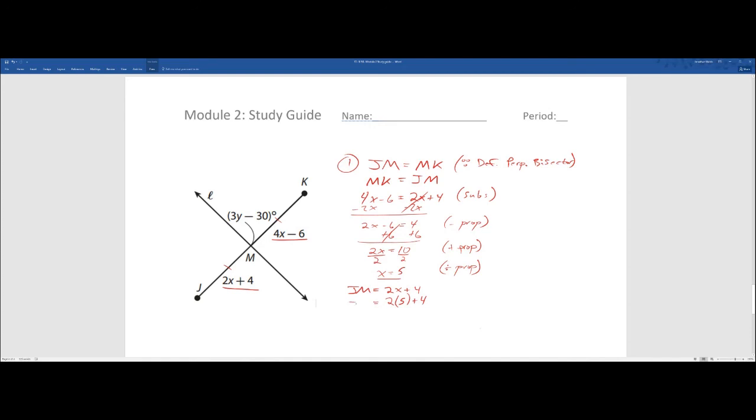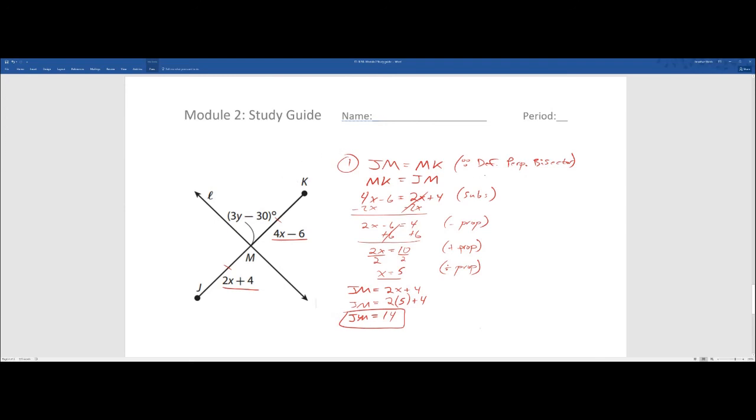So JM, oops, sorry, I wrote my initial. Silly. JM is 2 times 5, that's 10, and 10 plus 4 is 14. So JM equals 14. You might get a problem like that on your test.